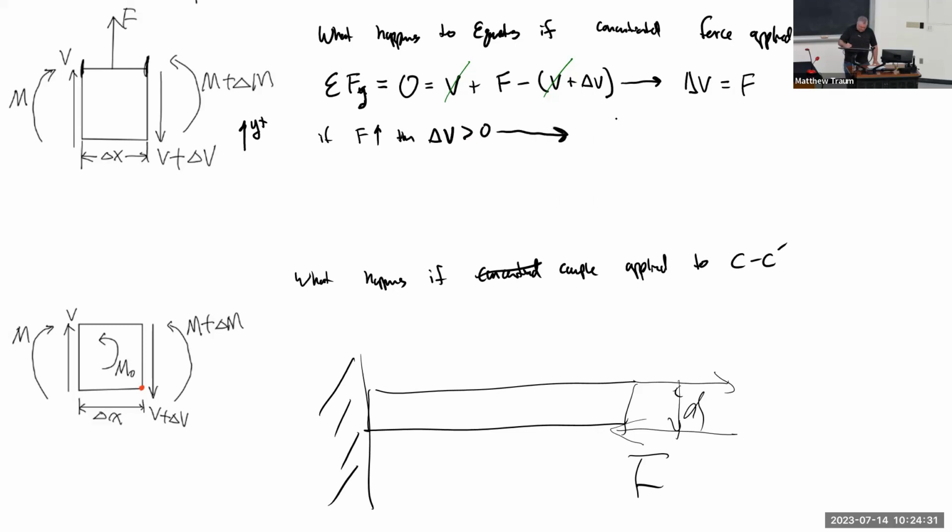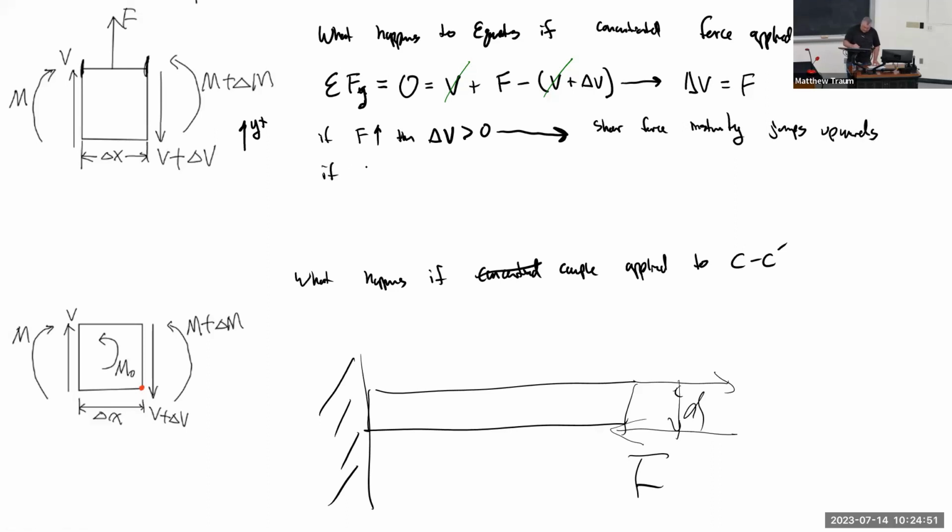What that means for our shear diagram is that the shear force instantly jumps upwards, like a Dirac delta function. You will see that in one of the examples.